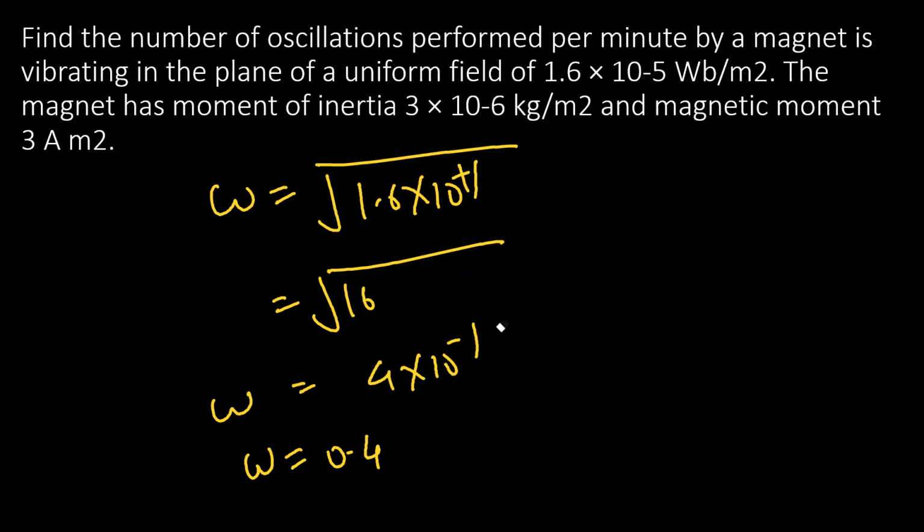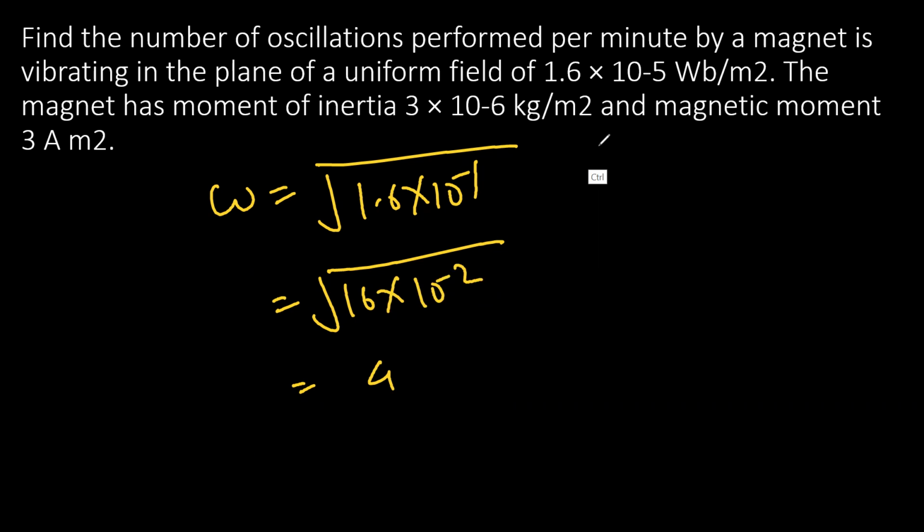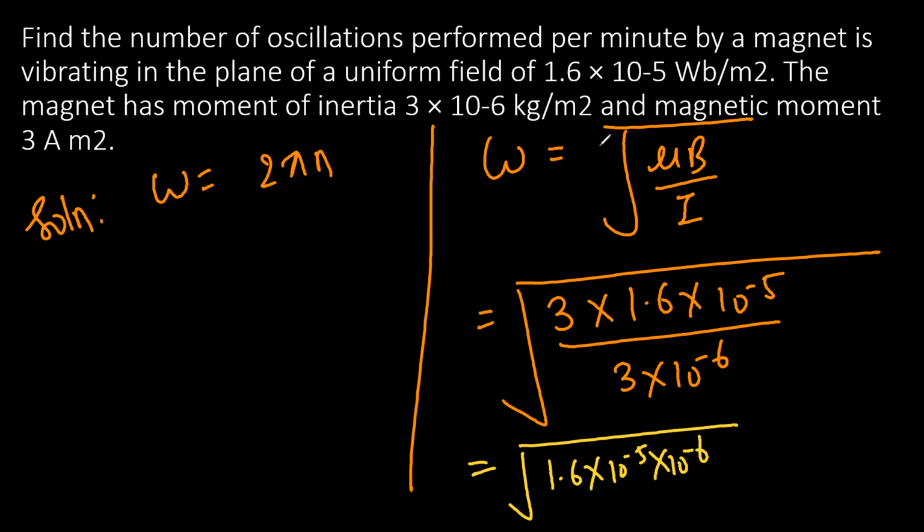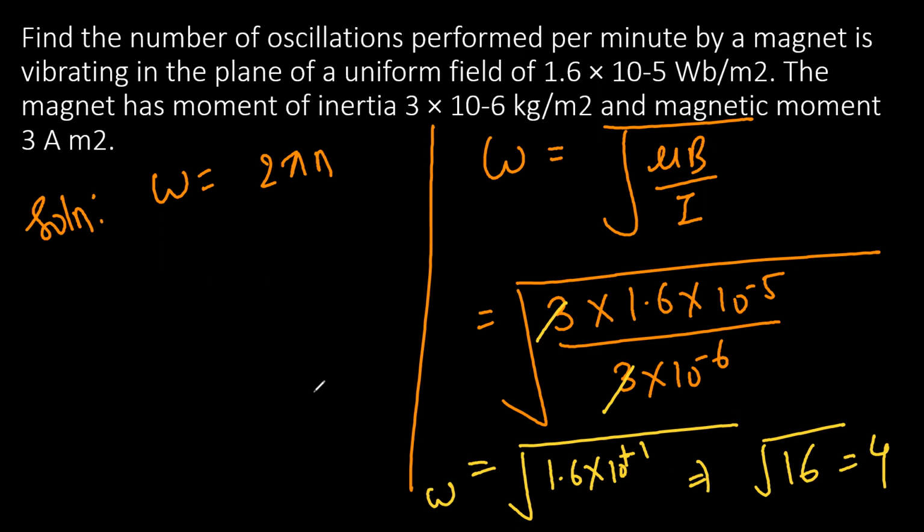This will become 16, and this will become 4. Let me check it. See, this was 10, 3 and 3 cancel, 1.6, and this will become 10 raised to plus 1. So this will become 16. So what is your omega? Omega is 4. You have to put omega is 4.